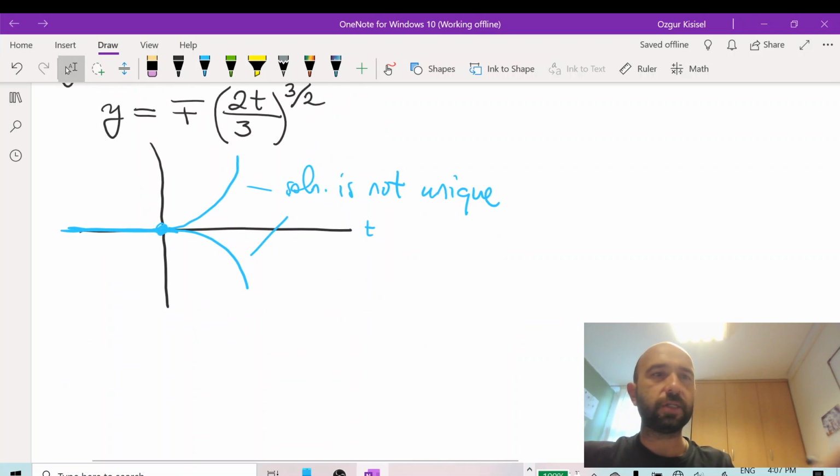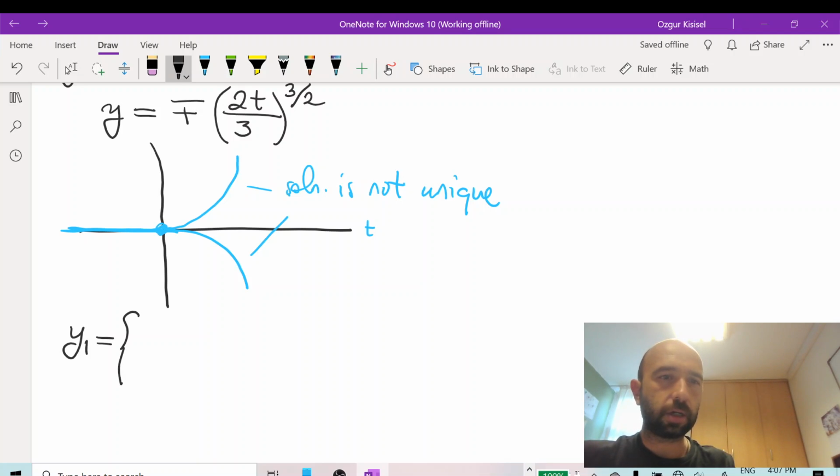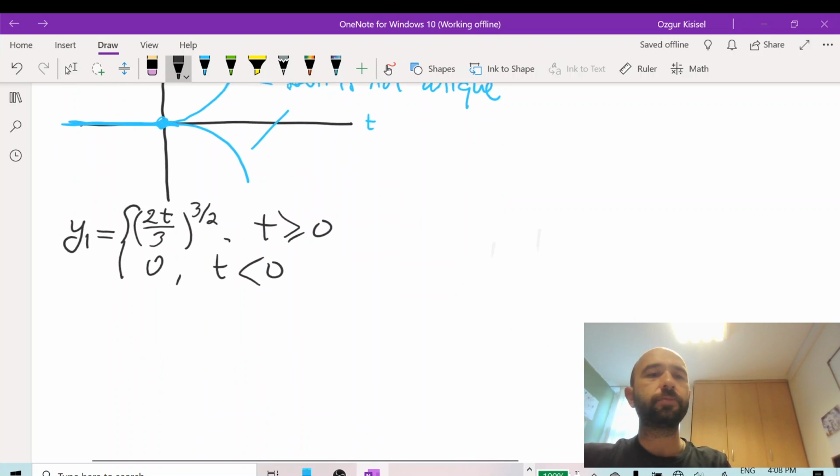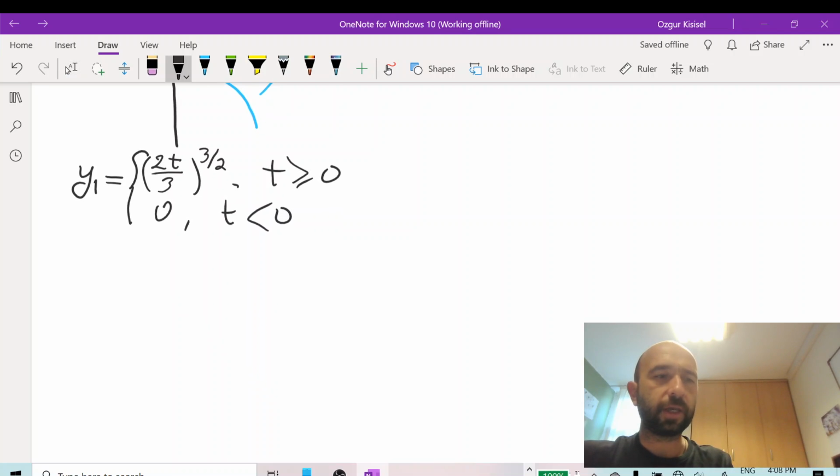So more precisely, set y1 to be 2t over 3 to the 3 over 2 if t is greater than or equal to 0, and 0 if t is less than 0, and y2 in a similar way, but with a negative sign this time.